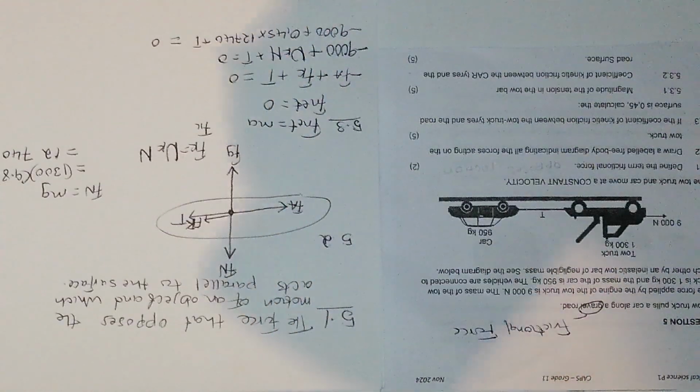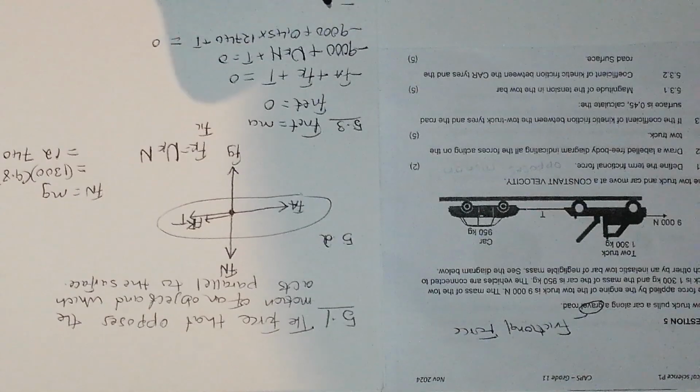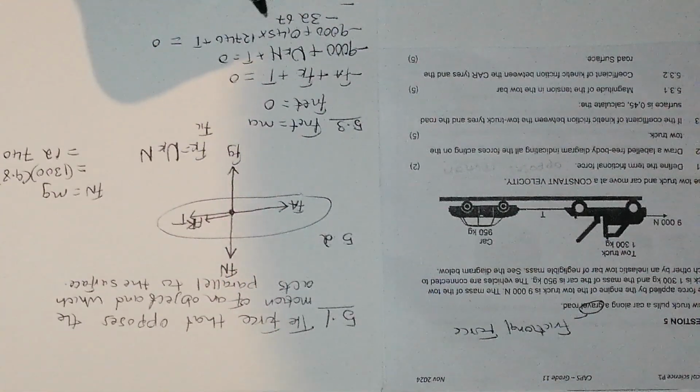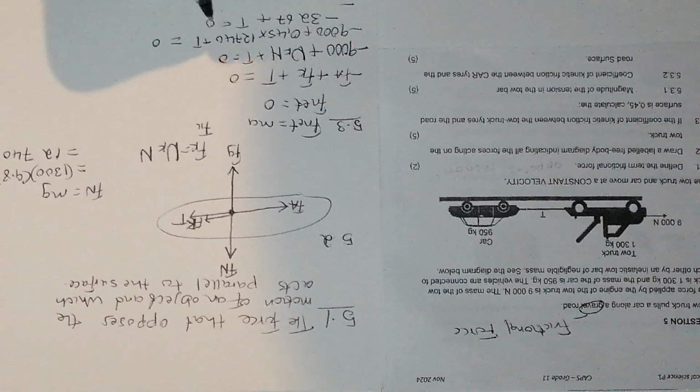Therefore, you punch everything in your calculator, multiply by 12,740, and you get negative 3267 plus T equals 0.